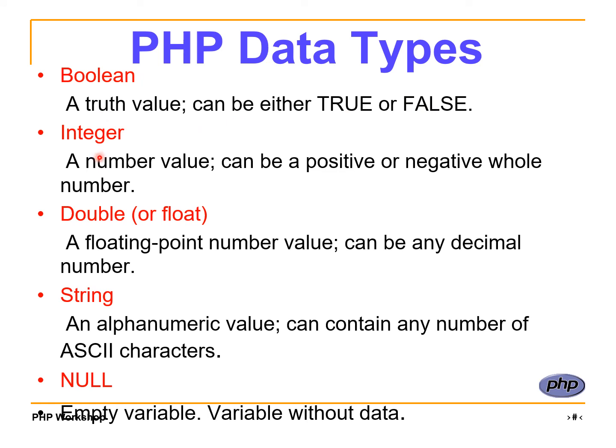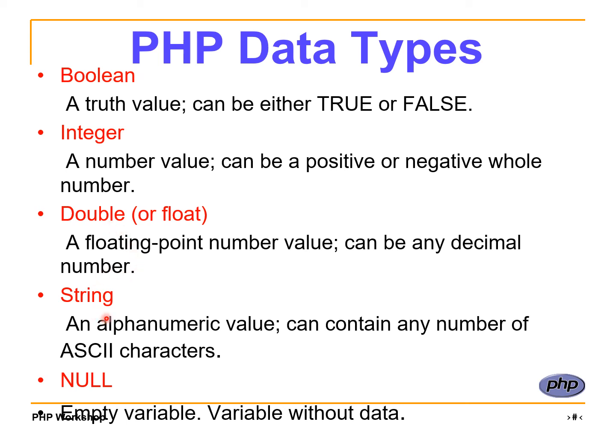Then integer, which is a number value. It can be a positive or negative whole number. Then double or floating point values. A floating point value can be any decimal number. That is another data type.